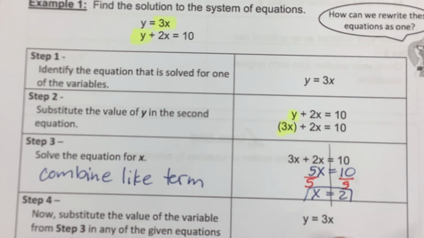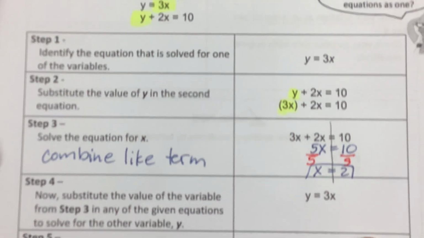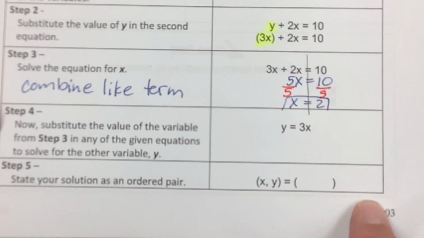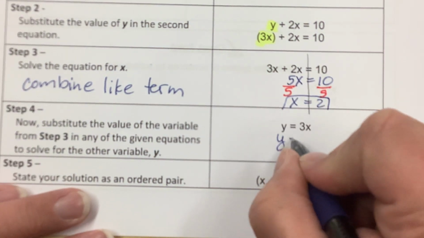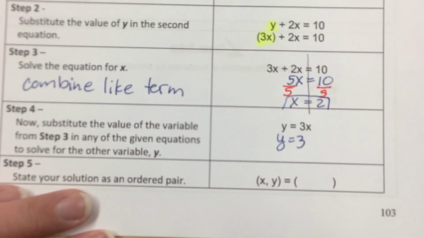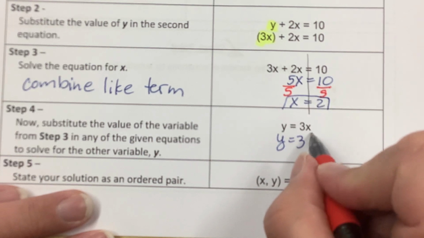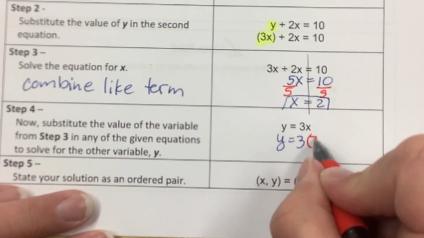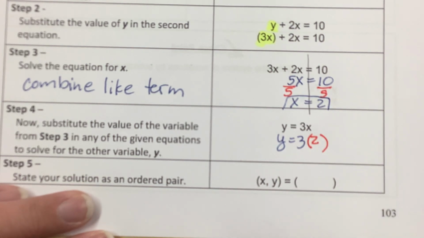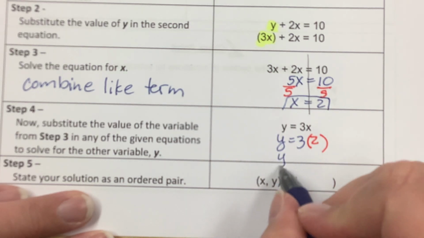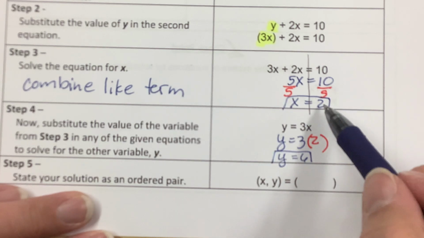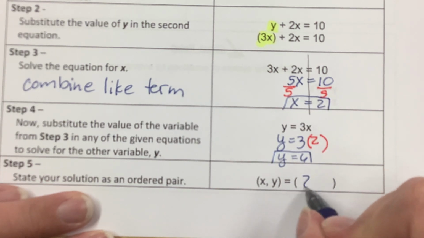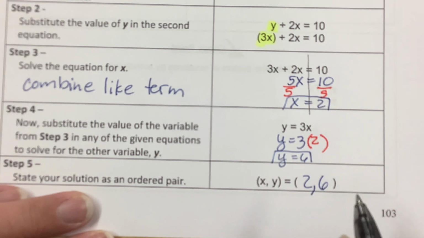So I just have the x. Now I got to substitute that back in to find the y. So y equals 3x. Y equals 3 times, instead of x, I'm going to substitute 2. So y equals 3 times 2, y is 6. And that's my other half of my answer. I have x is 2, y is 6. 2 comma 6 is the solution to the system.